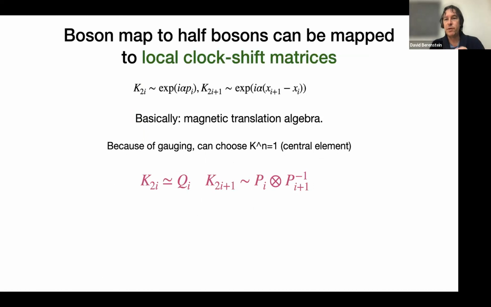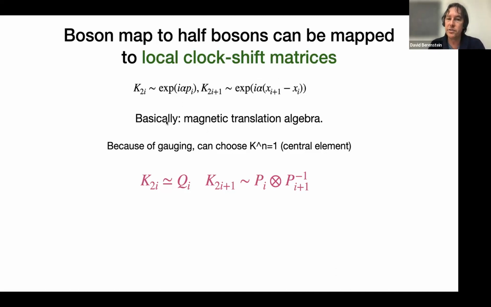So let's repeat the map that I had from the p and x variables to the k variables. The k_{2i} would become exponential to the p_i, that was the q, for even, and then the odd case becomes the alpha (x_{i+1} - x_i). And now when you do discrete translations of p_i and x_i, so long as these are compatible with roots of unity, you basically end up with magnetic translation algebras.